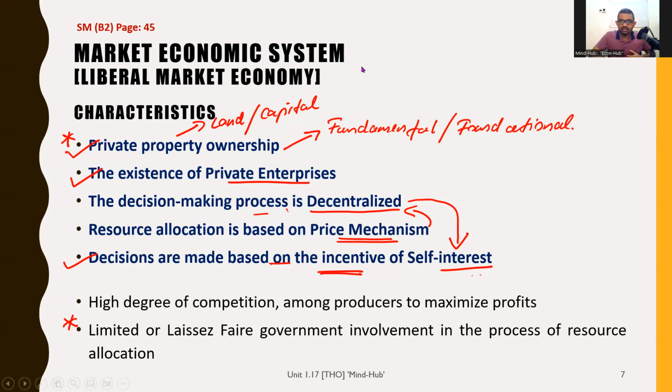This is where we make decisions based on demand and supply. We have to learn the price mechanism separately.